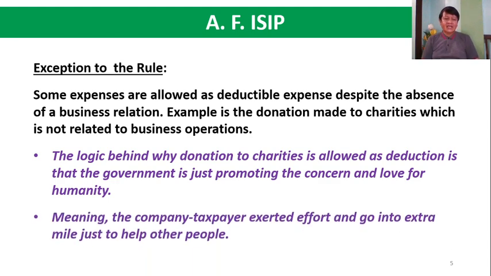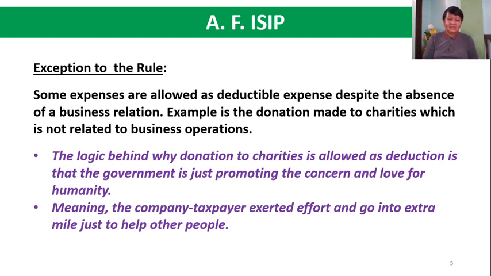Next, another reason, the company taxpayer exerted effort and went the extra mile just to help other people. So the company really exerted more effort, an extra effort, and went the extra mile to donate a certain amount of money to charities just to help other people.